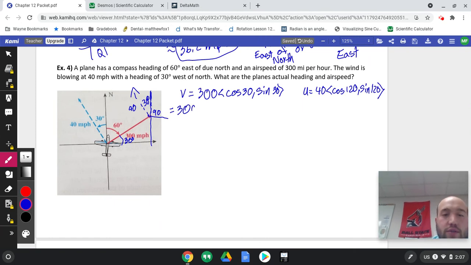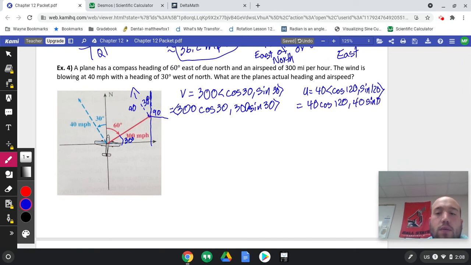So if we distribute that 300 in, 300 cosine of 30, 300 sine of 30, and then u will be similar, except obviously with 40 and cos of 120, 40 sine of 120. So type those in your calculator, figure out what they are. To save us a little time, I'm just going to show what I got. But if I were you, I'd pause it and try them on my own.